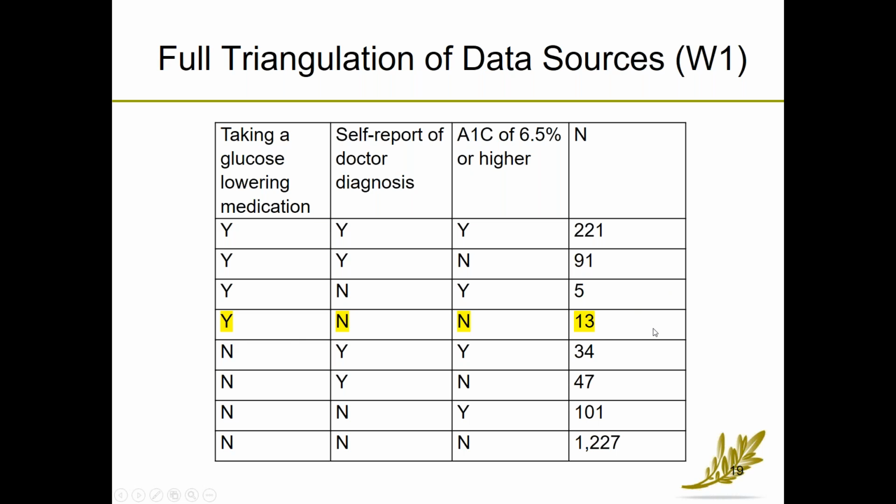This highlighted group is particularly interesting because they are taking glucose-lowering medication for diabetes, but they don't have a diagnosis from a doctor, and they don't have an A1C above 6.5%. This group might have what we call pre-diabetes, possibly, or they may have diabetes and not realize it.